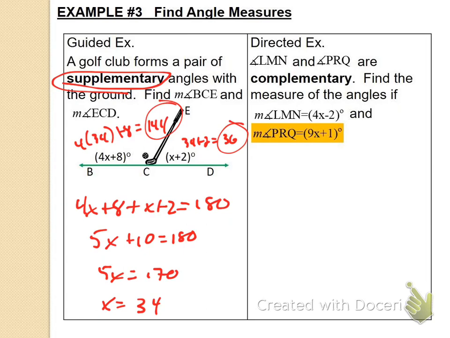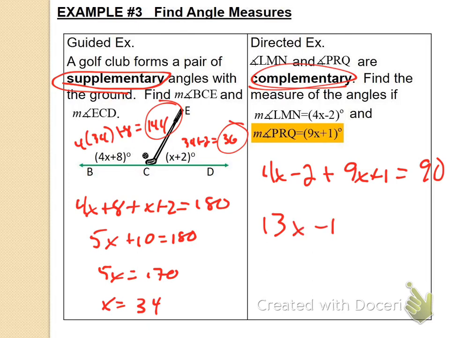Okay? Good. Next example here, it says the angle LMN and angle PRQ are complementary. Go ahead, try to set up an equation, solve for x, and get the two angle measures. Stop the video, you can start it back up and see if you're right. All right, so did you take 4x minus 2 and add to it 9x plus 1 and set it equal to 90 because they're complementary?